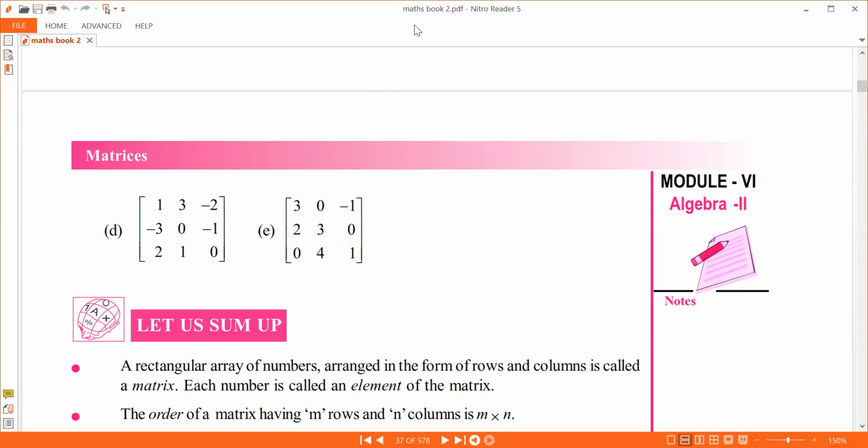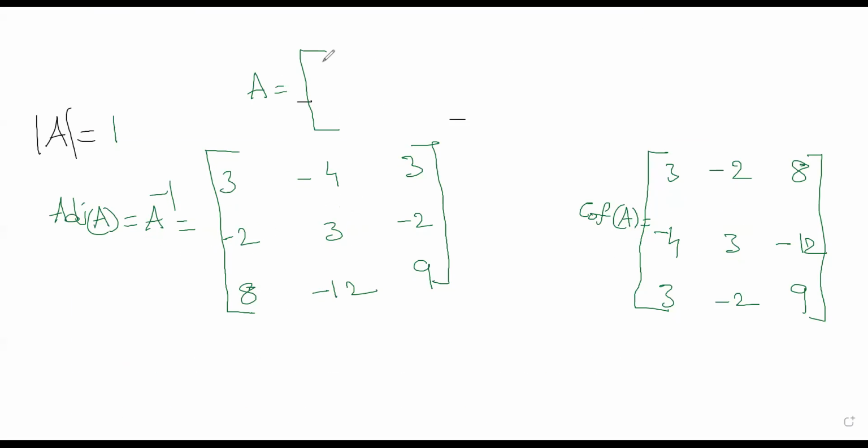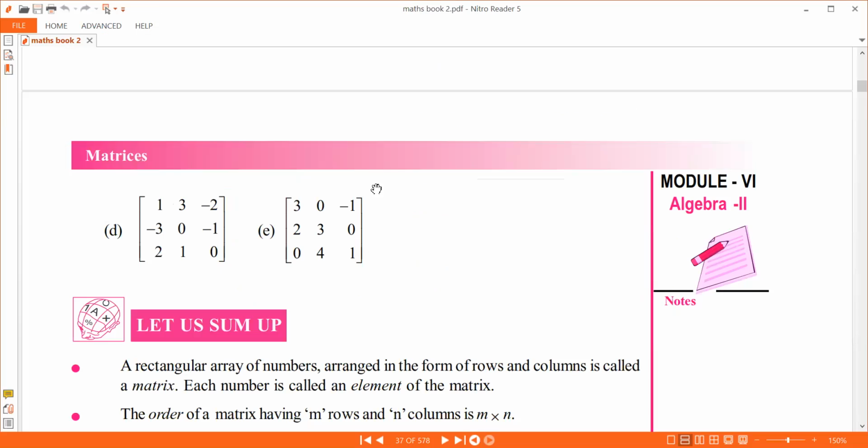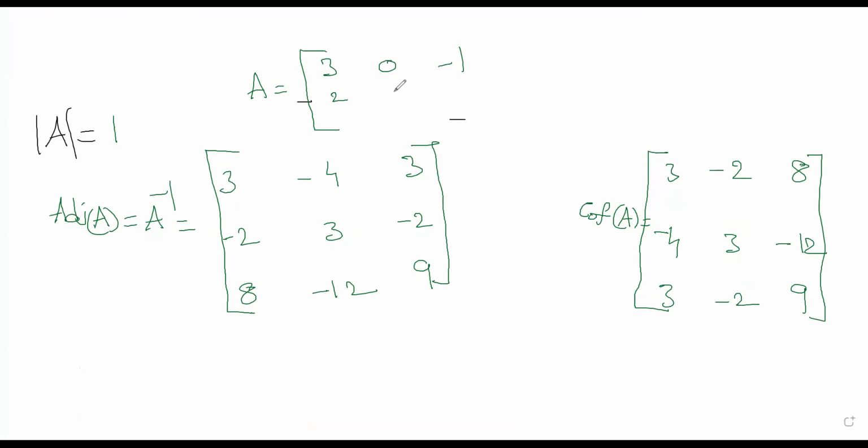Starting matrix. 3, 0, minus 1. 2, 3, 0. And 0, 4, 1.